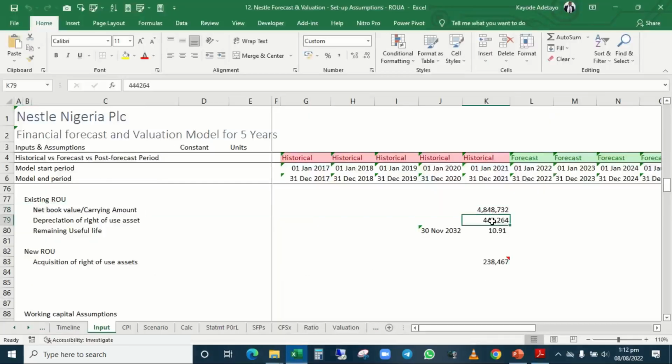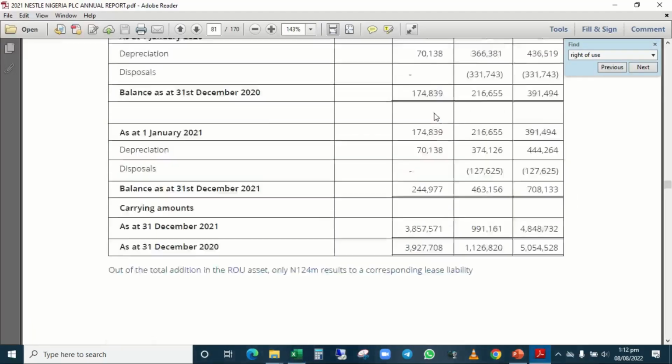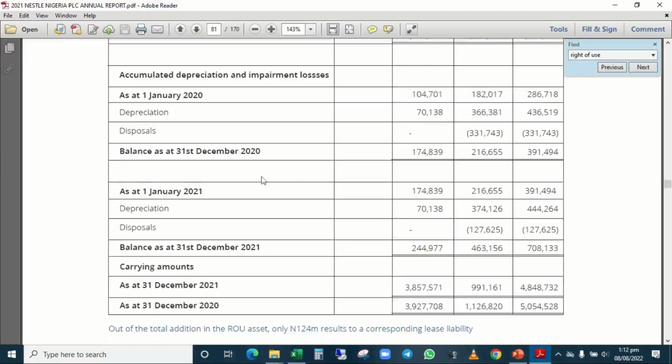Also, the depreciation during the year, for that, 44,264. So if you come up a bit, 2021 depreciation 44,264, this is the depreciation charge in 2021.